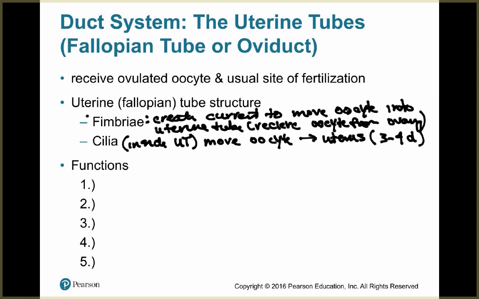So the first one basically takes the oocyte from the ovary and gets it into the uterine tube. The second one, once it's in the uterine tube, is going to move the oocyte to the uterus. Now the uterine or fallopian tube has a few functions. So one, it receives the ovulated oocyte from the ovaries.